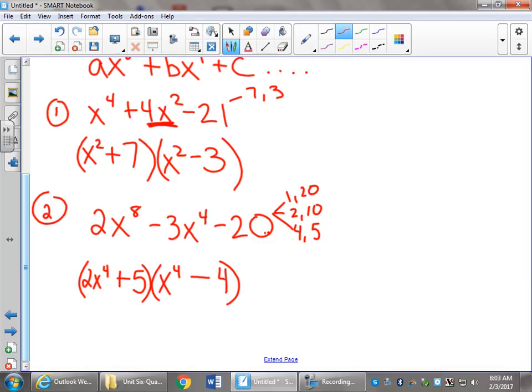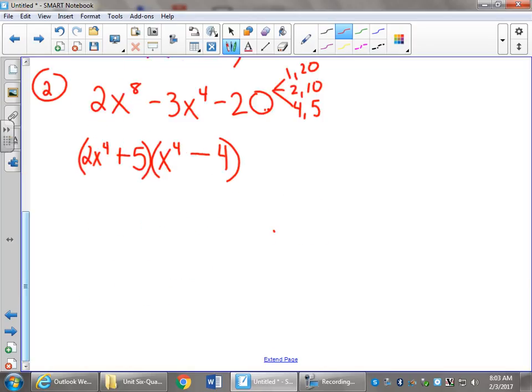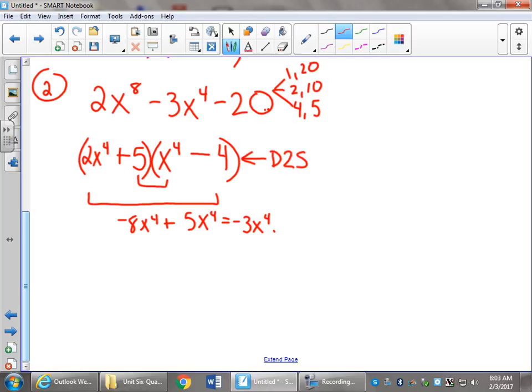All right. Before I keep factoring further, because I'm going to be able to on this one, which will lead into the last type of example, I just want to 100% confirm here, ax to the 4th, then my inner plus negative 8x to the 4th plus 5x to the 4th equals negative 3x to the 4th, which does match up. Now the reason this can go further is this last factor right here is a difference of 2 squares.